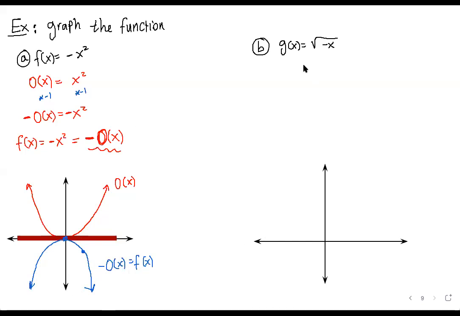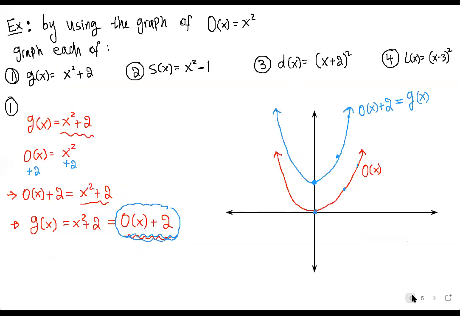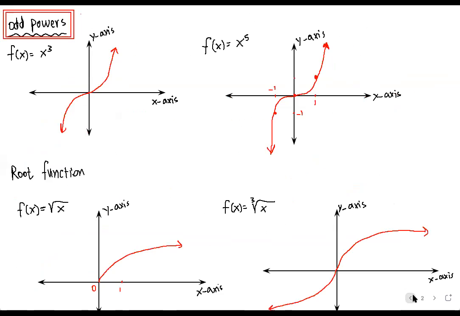For the second one, the same idea. What's my original function here? Which function do I have to choose from the first and second slide, similar to this function?